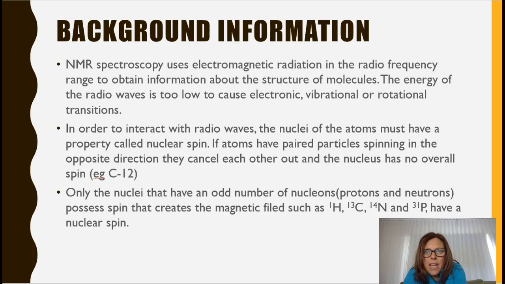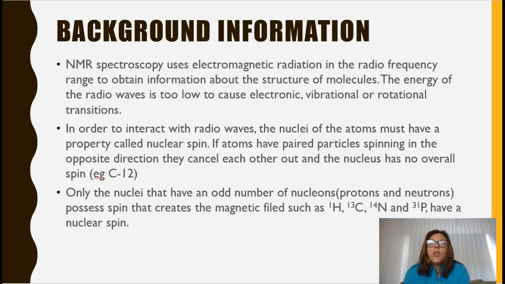If they're paired up, they cancel each other out and therefore won't have nuclear spin. So what we need is some unpaired protons and neutrons in the nucleus to get that nuclear spin. In the case of carbon-12, there are 6 protons and 6 neutrons in the nucleus, so they're paired up and there is no spin.